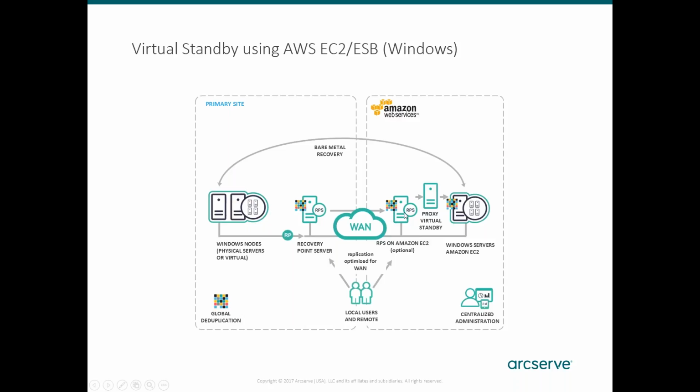It's always global dedupe, and hence very bandwidth saving, a way of sending the data over in a bandwidth-sensitive manner. And then this RPS can either use a separate proxy, or it can itself act as the proxy for converting it into a Windows Server instance, and then boot it up when required.